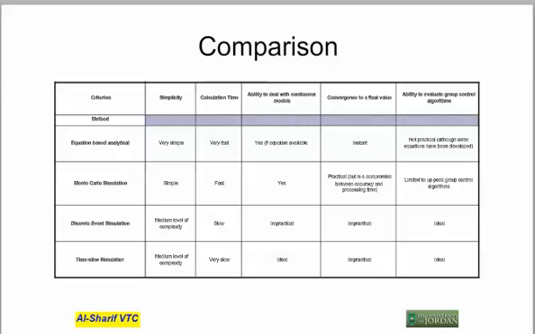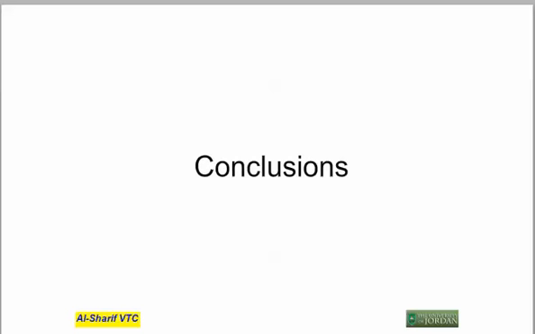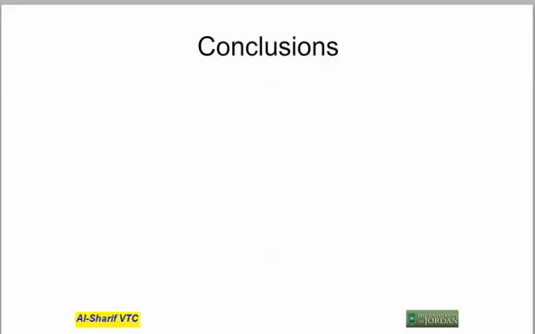I've tried to summarize these 5 criteria. I'm not going to repeat them again, but the slide is there for anyone who wants to refer back to it. I've tried to summarize the 4 methods against the 5 criteria as a comparison. So having concluded the methods, the 4 methods, 2 under calculation, 2 under simulation, I'm just going to try to draw some conclusions from this presentation.